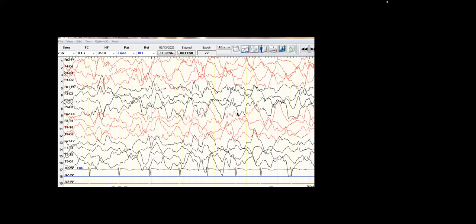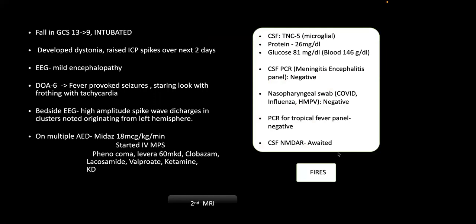And this is the initial EEG, which suggested mild to moderate encephalopathy. After a few hours, his GCS dropped suddenly to 9 and the child was intubated. In the next few days, he also developed increased ICP spikes. He developed dystonia.